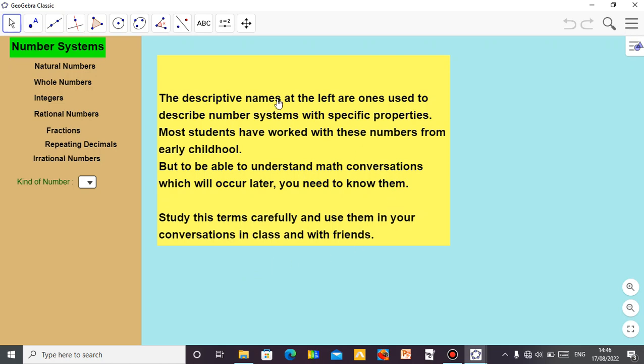But what is this applet actually talking about? I'm trying to show some definitions of some types of numbers we have in our classroom. That is why I called it number system. And sometimes our children do ask a question like, sir, what do you mean by natural numbers, whole numbers, integers, rational numbers?